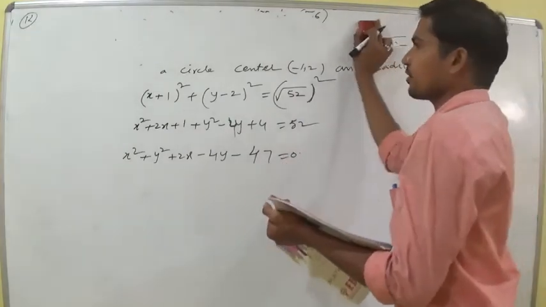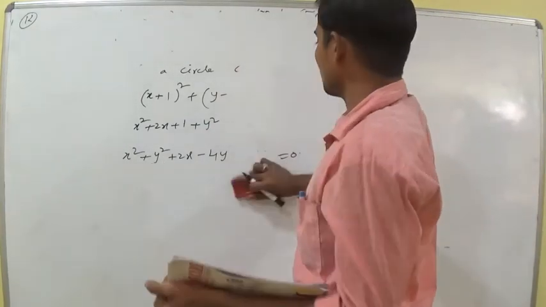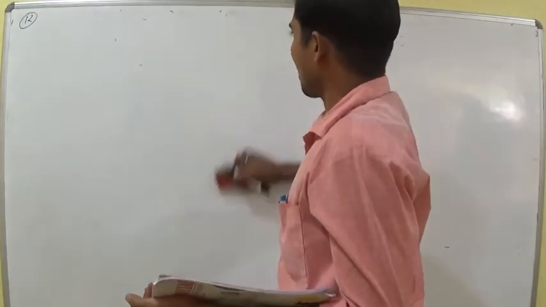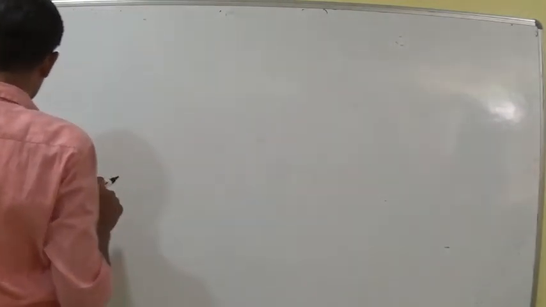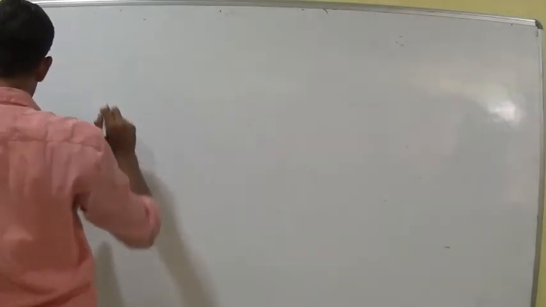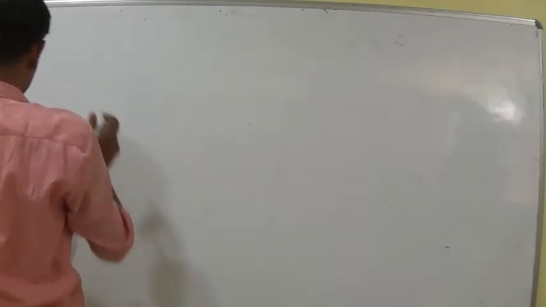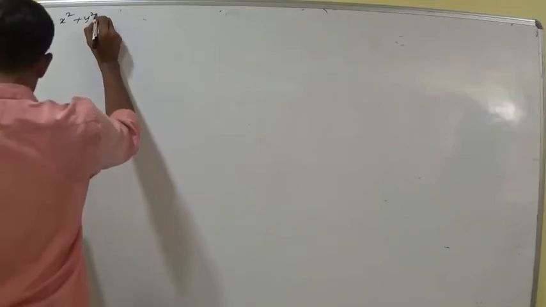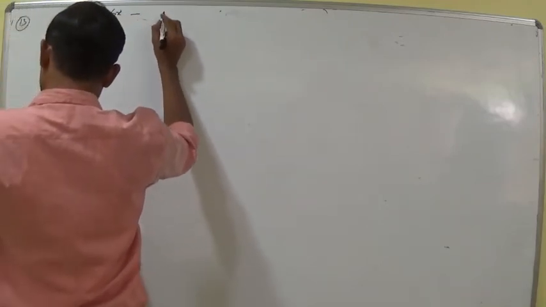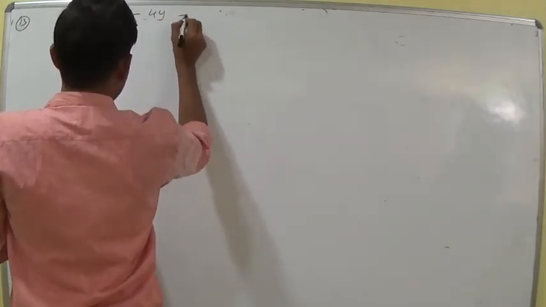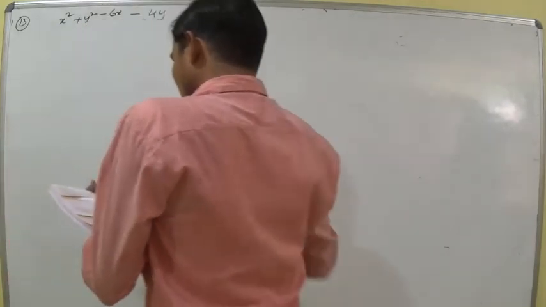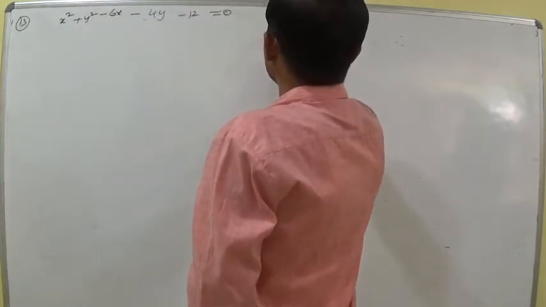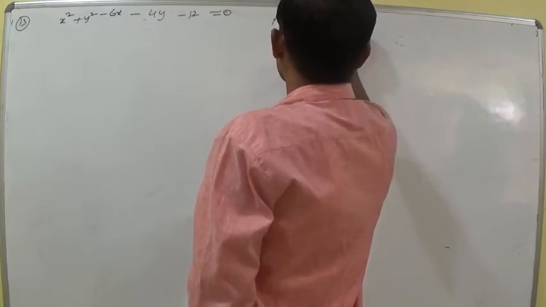Now 13th. See, the equation of the circle which is concentric with the circle x square plus y square minus 6x minus 4y minus 12 equal to 0 and passing through the point.